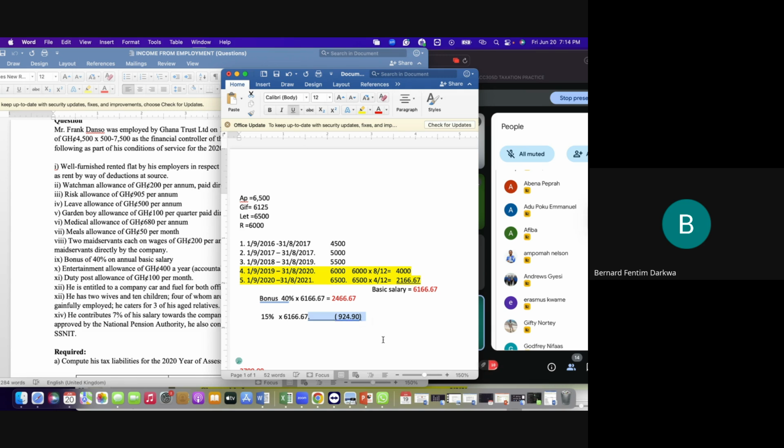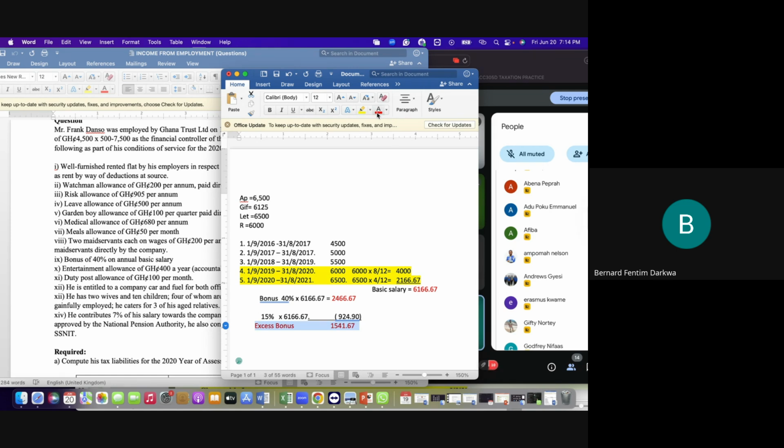So there's excess bonus of how much? 1,541.67. Good. So this is the excess bonus. This figure, you treat it as part of cash allowances.